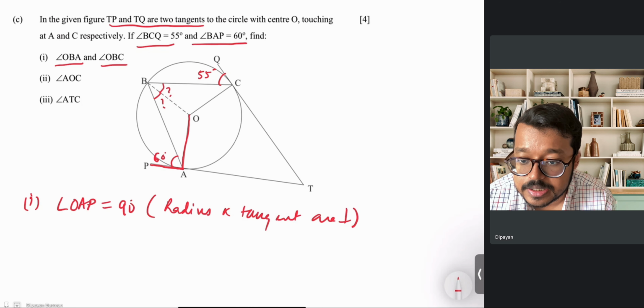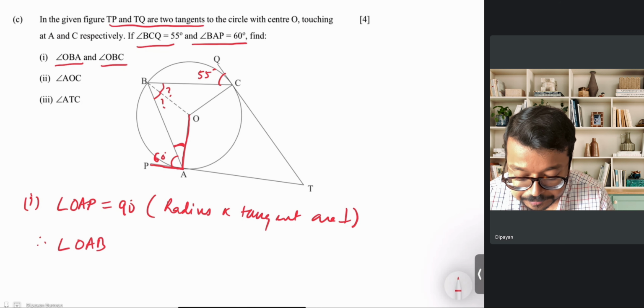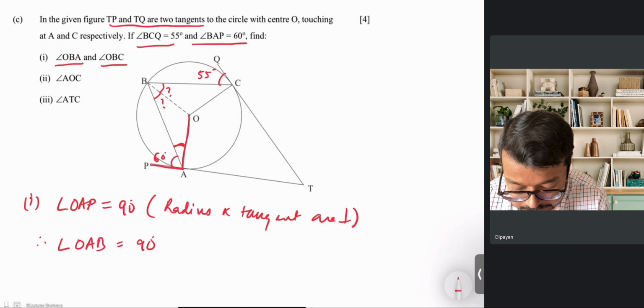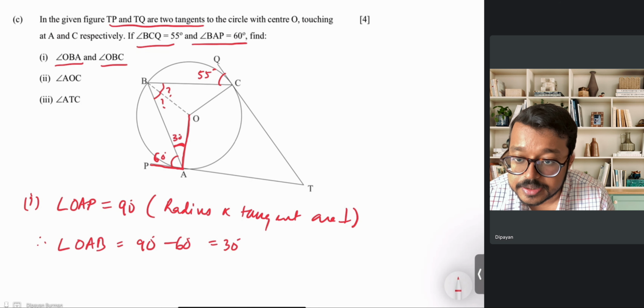So therefore angle OAP is 90 degree, and it is given that angle BAP is 60 degree. Therefore angle OAB will be 90 minus 60, which is 30 degree. So OAB is 30 degree.